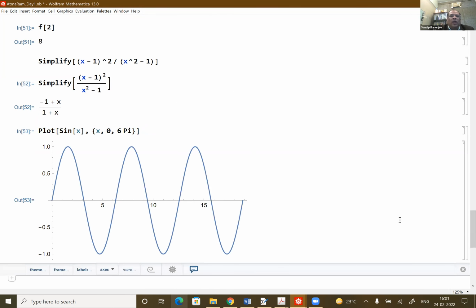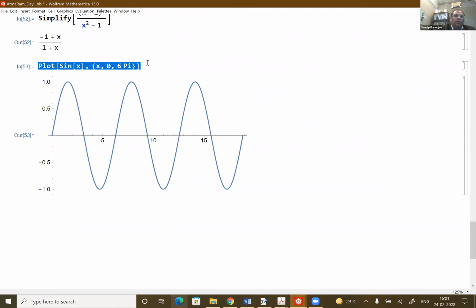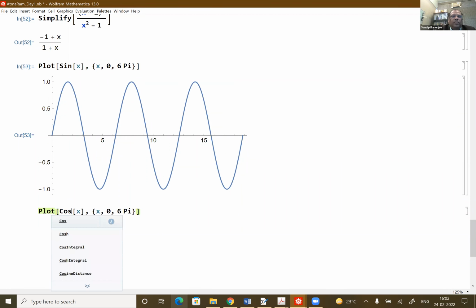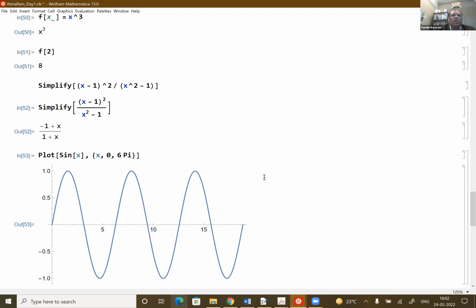And this is the standard graph which we all know. I make this cos x.